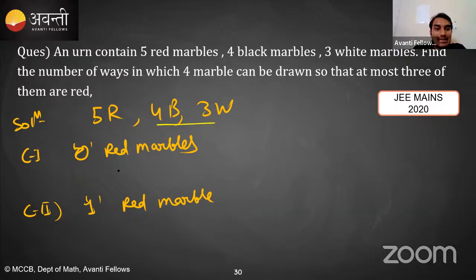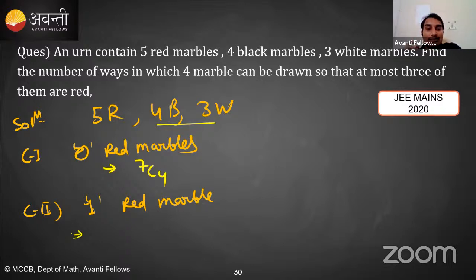So how many ways can you select 4 marbles where none of them is red? Remove all the red ones. How many are left? 7. So the number of ways you can select 4 marbles out of 7, 4 black and 3 white, that many is possible, right? Is this clear? Again, the second one is saying that you have to select only 1 red marble.